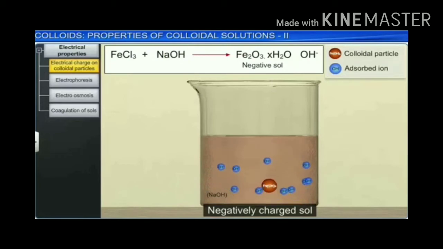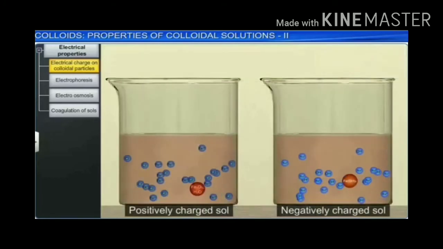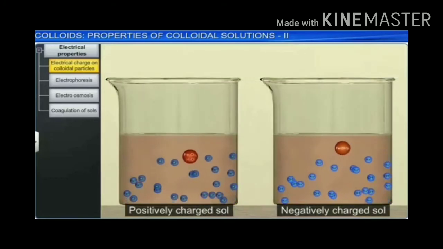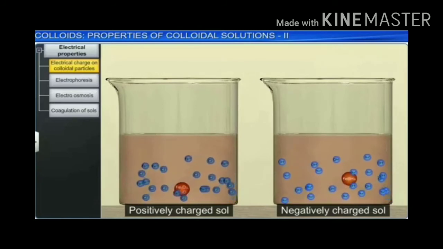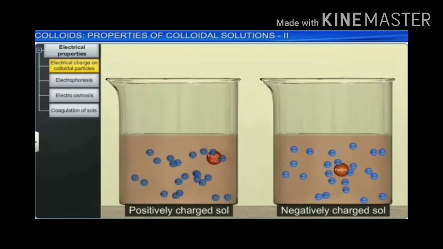In this case, there is preferential adsorption of hydroxyl ions on the colloidal particles. In either case, the ions left out will give an equal and opposite charge to the dispersion medium and will remain in it.